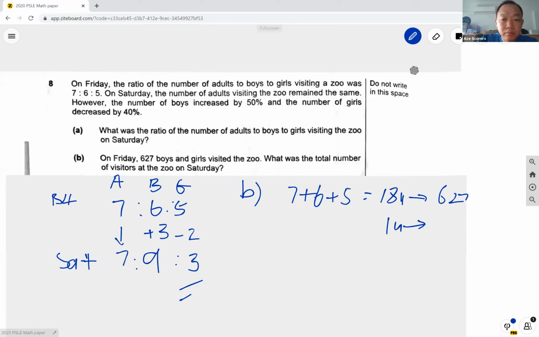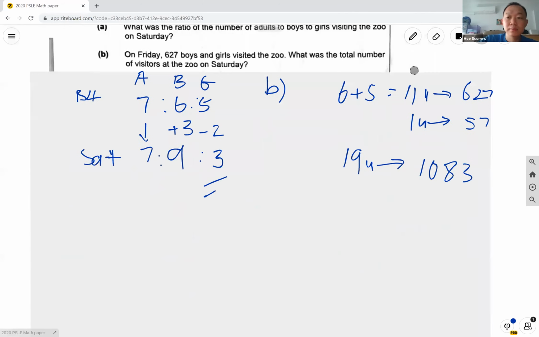Okay. Oh, okay, it's only boys and girls. So it's just this. Okay, which is 11. 627 divided by 11. 57. So 1 unit is 57, and on Saturday, they want the total number of visitors, which is equal to 19 units. So 19 units would represent times 19, 1083. So that's B.